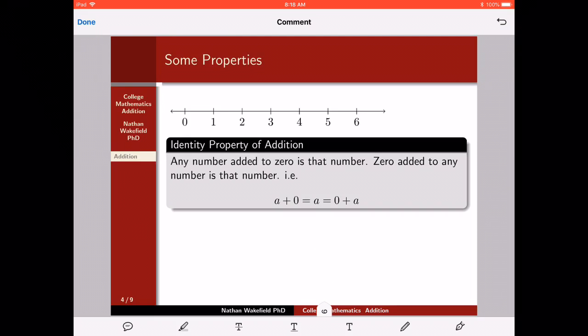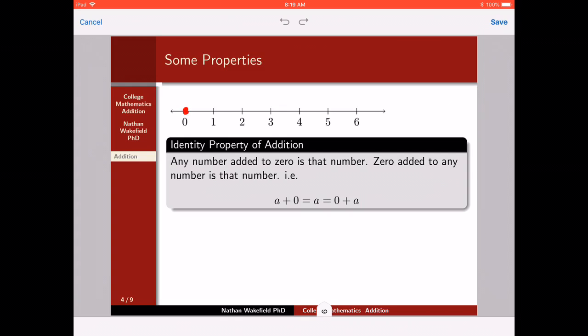So if I want to take any number and I want to add 0 to that number, so let's say 3, and I move over 0 units, I'm still left with 3. Similarly, if I wanted to take the number 0 and add 3 to that, I'm left at the number 3.